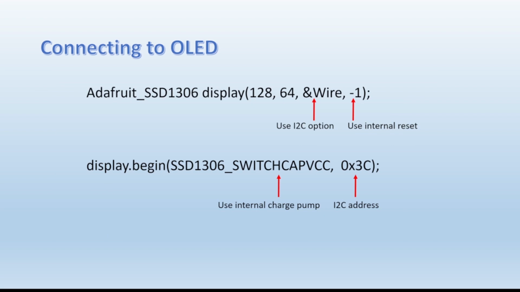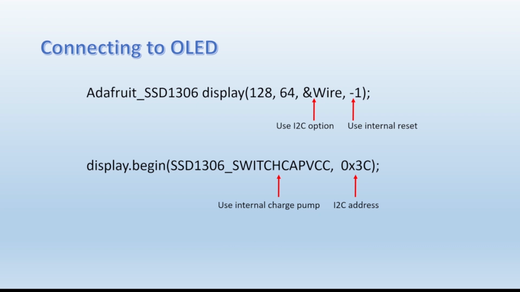And then we have these lines to add in. The first one tells the Arduino that it's got to talk to that display with a 128x64 resolution, that it's using wire, it's using the I2C option rather than SPI, and the last value there is for a pin number if it was using SPI.